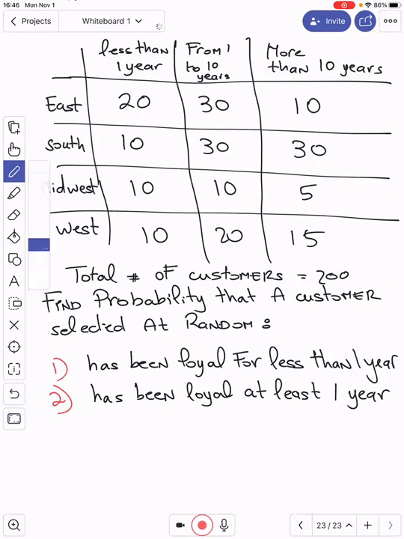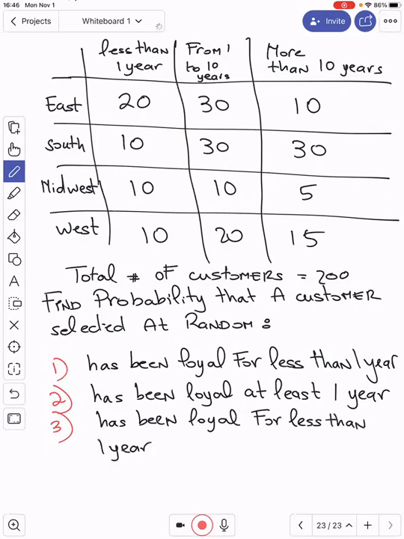A customer selected at random, again, has been loyal for less than 1 year, given that he or she is from the East.